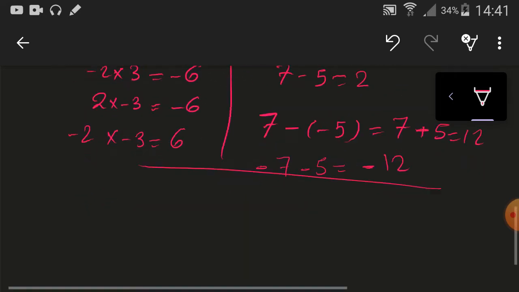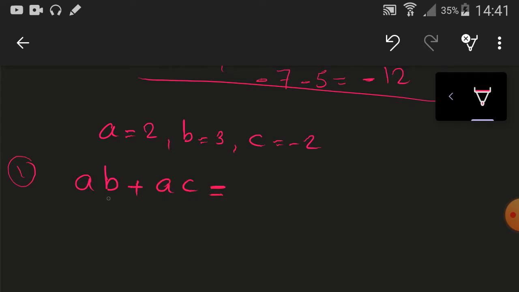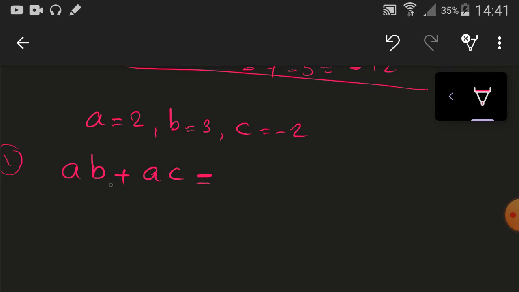This is the revision before we go to the somewhat harder part, and it's not difficult. If a equals 2, b equals 3, c equals negative 2. Number 1, what's a multiplied by b plus a multiplied by c? Now substitute, put everything in a bracket. ab plus ac.